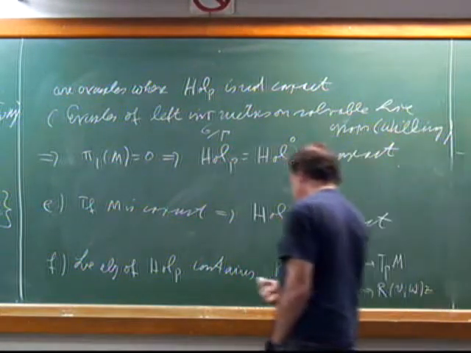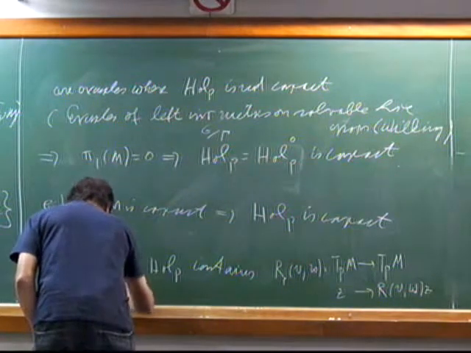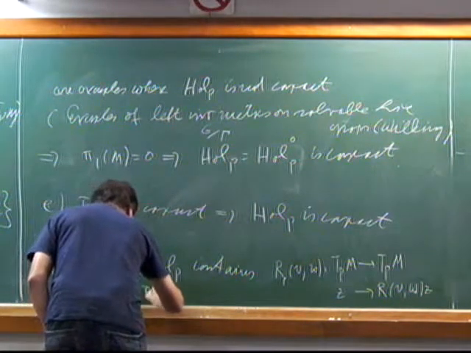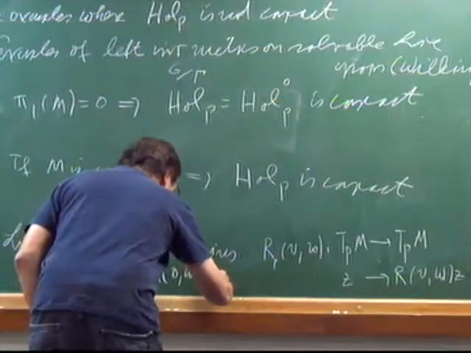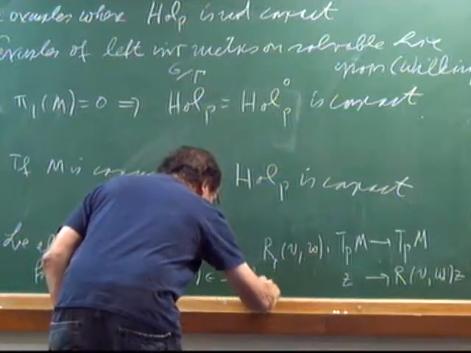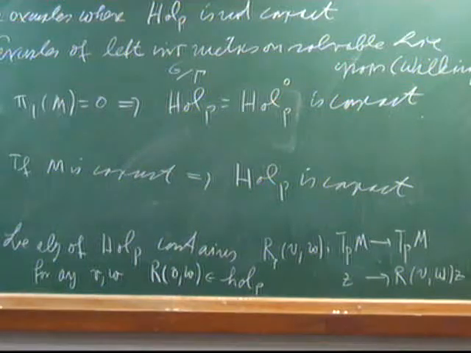The claim is that for any v and w, this endomorphism R_vw is an element in the Lie algebra of the holonomy group. So curvature endomorphisms are something in the Lie algebra.